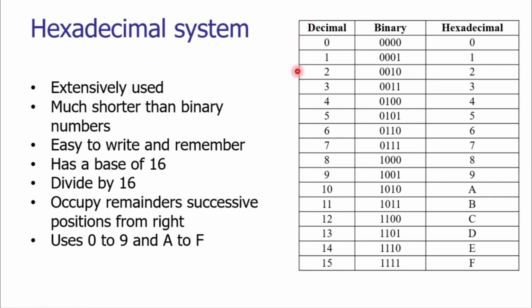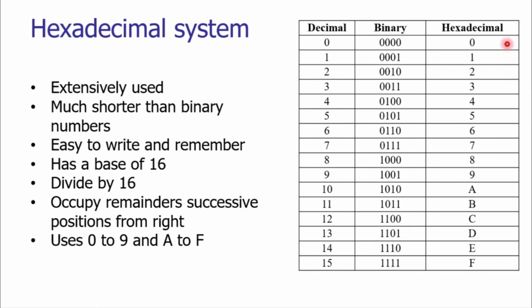On your screen you can see a table. The table is having the decimal numbers from 0 to 15. Their equivalent binary representation is shown in the second column. 0 is represented as 0000. This is a 4 bits representation.